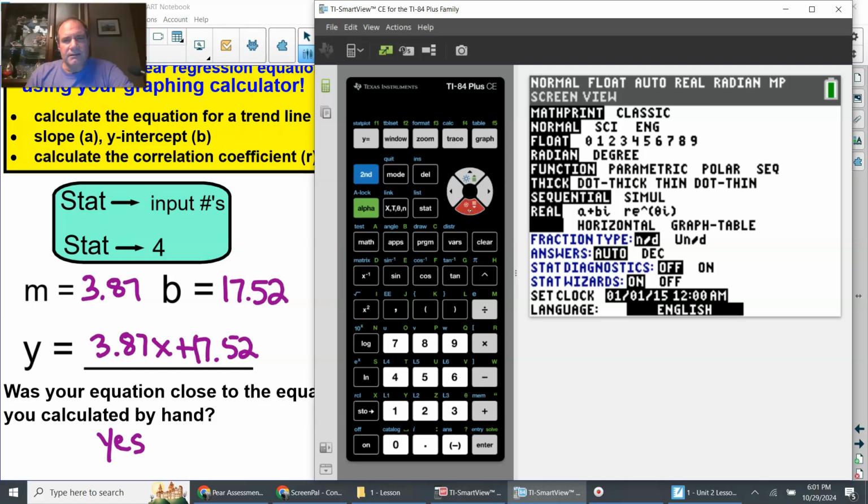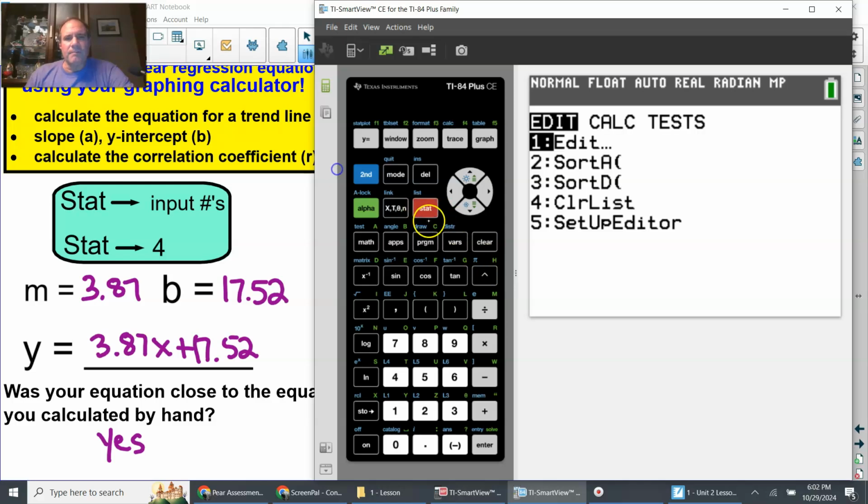We'll try it again to stat diagnostics. You see the blinking off. It's supposed to be turned on. So I'm going to press right, and then once it's blinking on, I'm going to press enter. And it's going to move to on. Just to check to see if it's on, just press down. You see where it says stat diagnostics? It's on now. Now you can press clear.